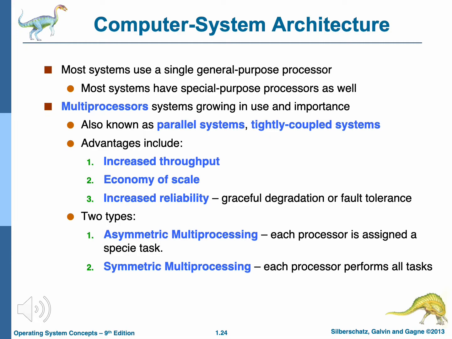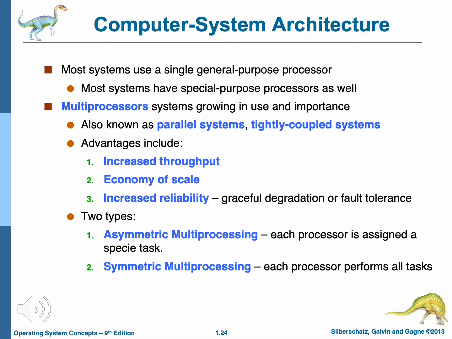Multiprocessor systems. Within the past several years, multiprocessor systems, also known as parallel systems or multi-core systems, have begun to dominate the landscape of computing. Such systems have two or more processors in close communication, sharing the computer bus and sometimes the clock, memory, and peripheral devices.